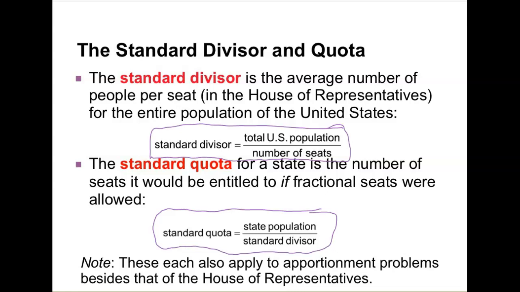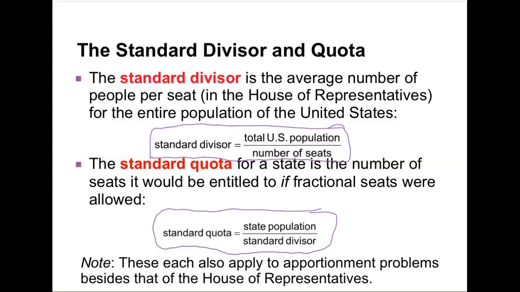And so the standard quota basically represents how many seats each state should be allowed, but it doesn't come out to a whole number. So it's how many seats each state gets if fractional seats were allowed.